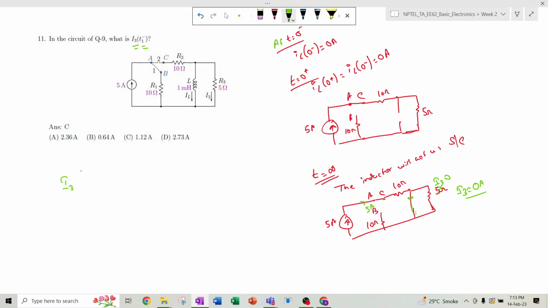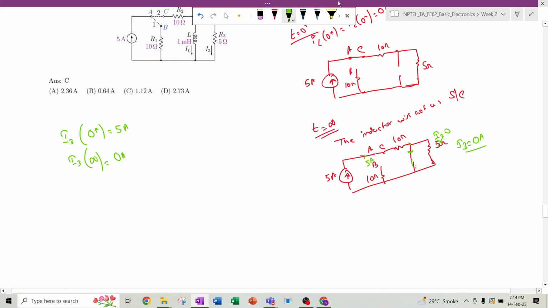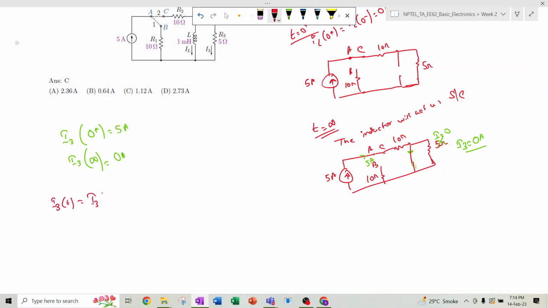So the I3 initial value, at t equal to 0 plus, was 5 ampere, and I3 at infinity is 0 ampere. What I have already discussed: at any point of time, I3(t) will be I3 final plus (I3 initial minus I3 final) into e to the power minus t by tau.